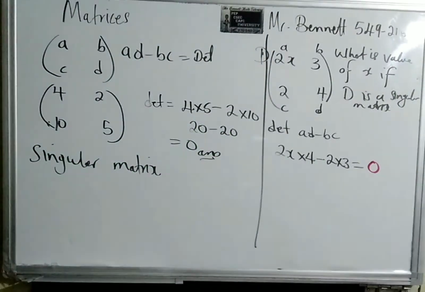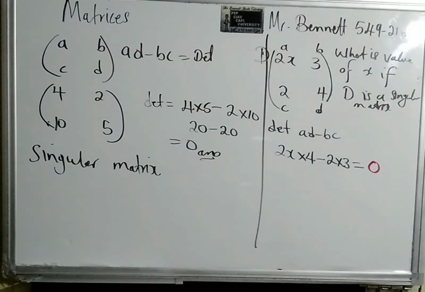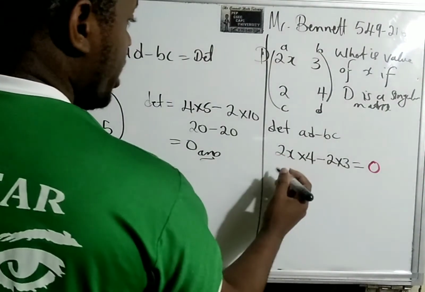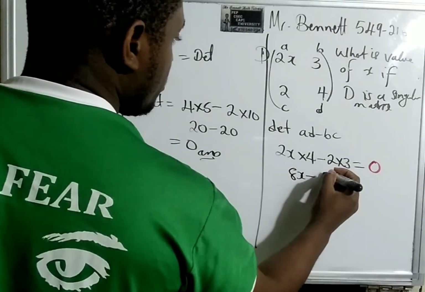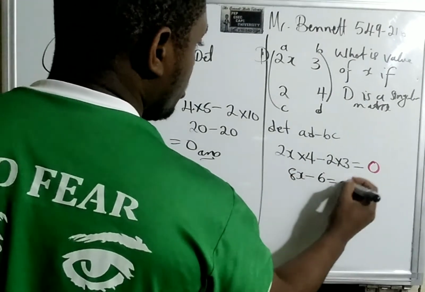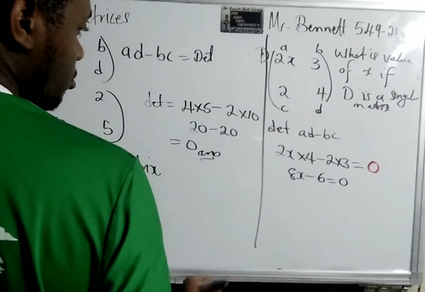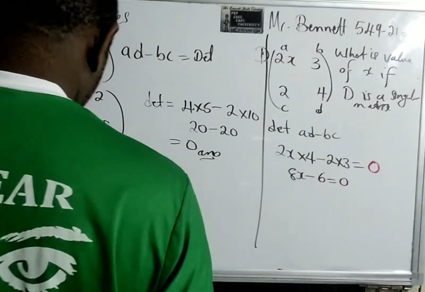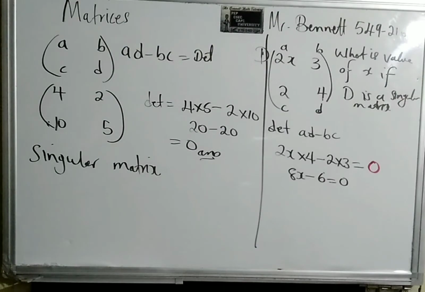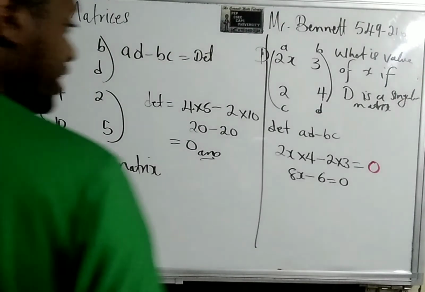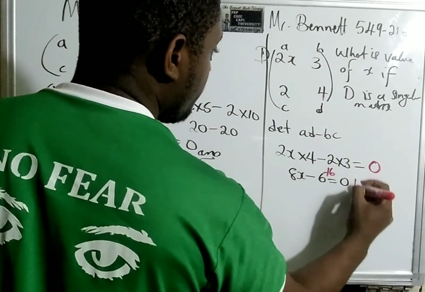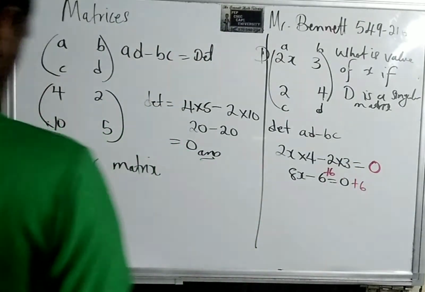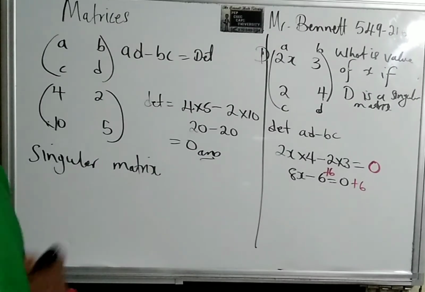So all we have to do is multiply and then solve this equation. 2x times 4 would be 8x, minus 2 times 3 is 6, equal to 0. We get rid of the negative 6 by taking the inverse, which is plus 6. And if you are following my channel, this should be a baby step for you guys.